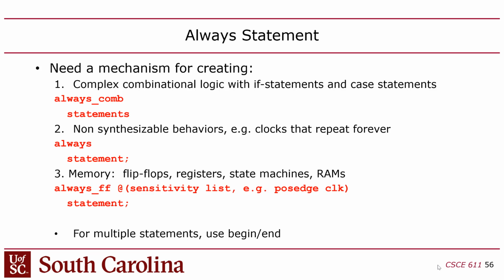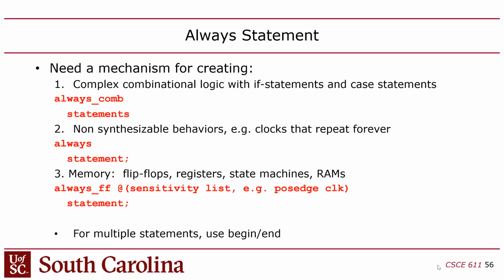One, as I was just explaining, you can use them for doing complex combinational logic. Now remember, an assign is only for combinational logic, right? So if you want to put a case statement or an if statement or a loop, but you still want it to be combinational logic, like Boolean logic or a lookup table, then you can put that in an always.